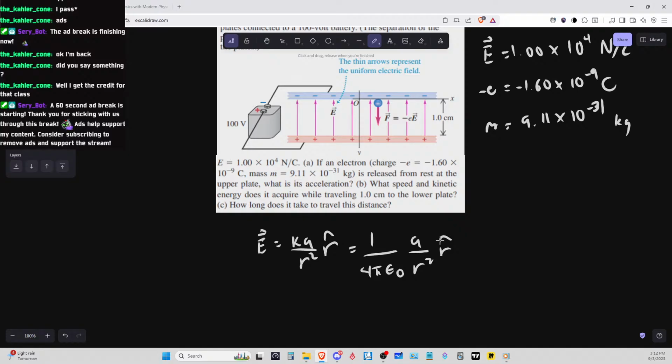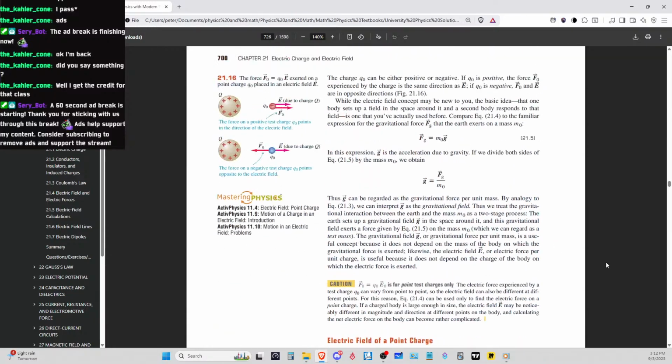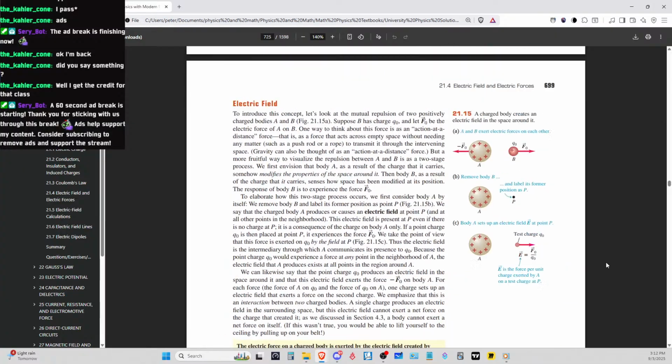So I guess e will be treated as our Q in this case, but they gave us mass, so what is an equation that has to do with mass besides force? I think I remember there was one equation that involved mass. Not that one.